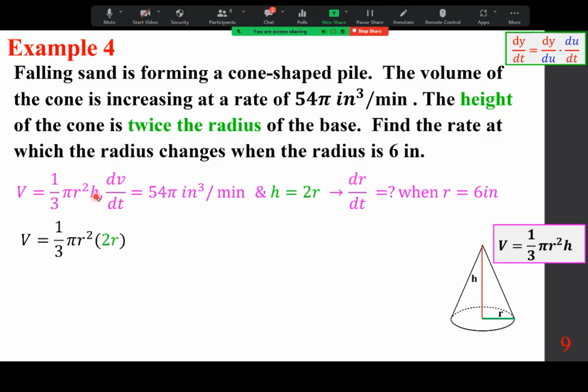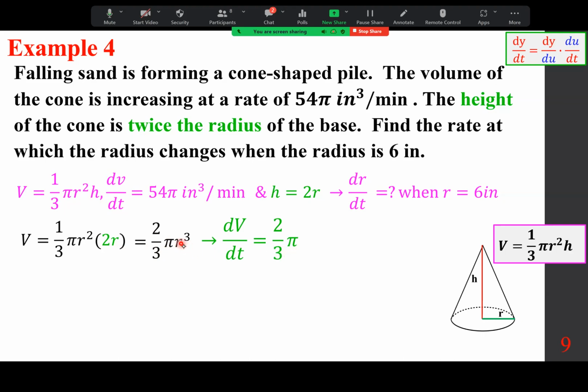And that gives us 2/3 pi r cubed. Now, the volume is a function of the radius and radius only. We're going to find dV dt. And that is 2/3 pi. 2/3 pi is a number, everybody, and I put that on purpose.